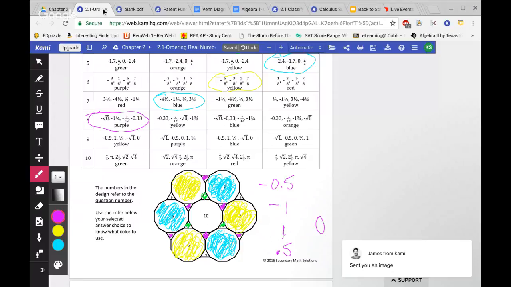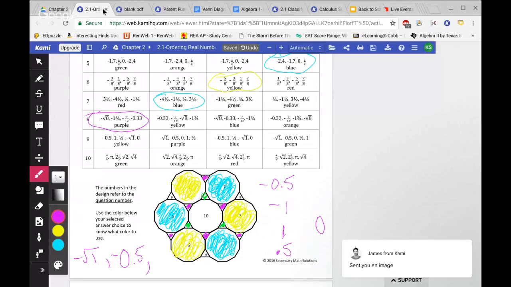-1. Yes, sir. So the negative square root of 1 is the first one that you would write down. So negative square root of 1. And then the next smallest is what? Negative 0.5.